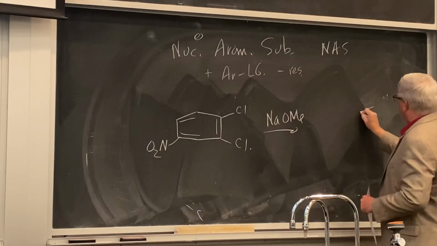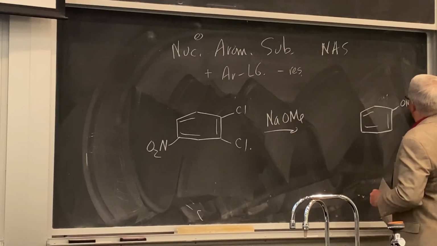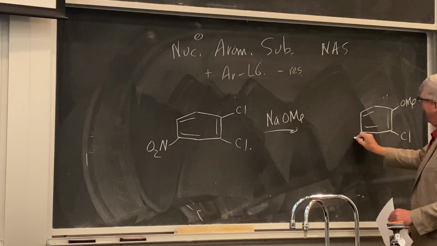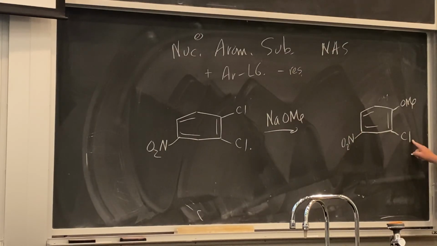And there's a product here, NAS product, which is this. A methoxybenzene. That's an anisole. That's the name we know. So this is what? 2-chloro-4-nitro-anisole.